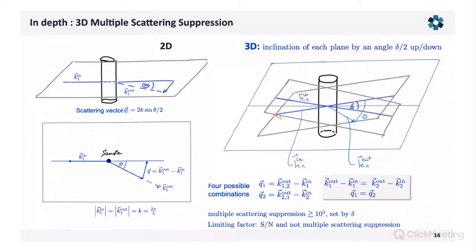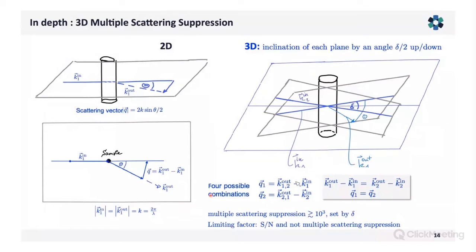Now you incline the plane a little bit by a small angle delta theta, such that you introduce the 3D geometry in the experiment. This is shown on the right-hand side. Now we have an upper K2 in, a lower K1 in, a K1 out that is detected, and a K2 out that is detected.